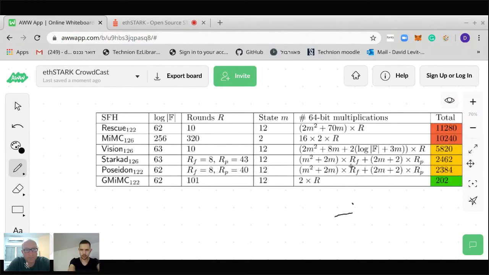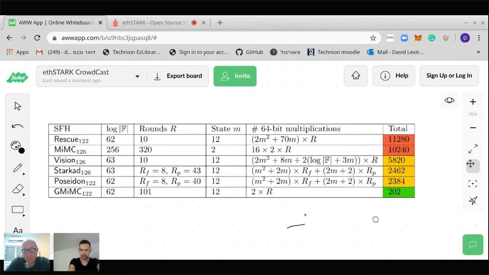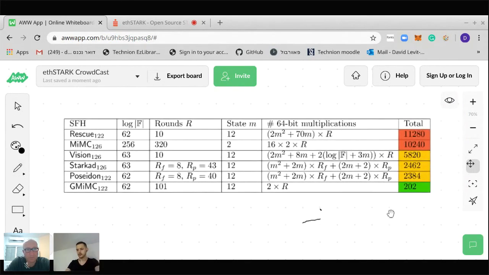So here you can see an estimation of the number of field multiplications that are needed for each of the hash functions.